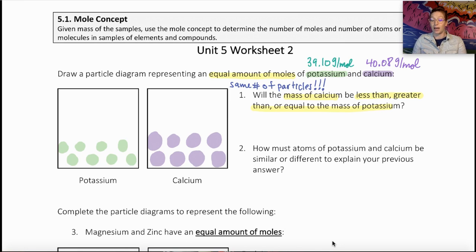Because the mass of calcium for 1 mole is greater than the mass of potassium, then we know that for our sample of equal moles, its mass is going to have to be greater. Okay, so we're going to say that this is greater, and that's because of its molar mass. Molar mass is larger.